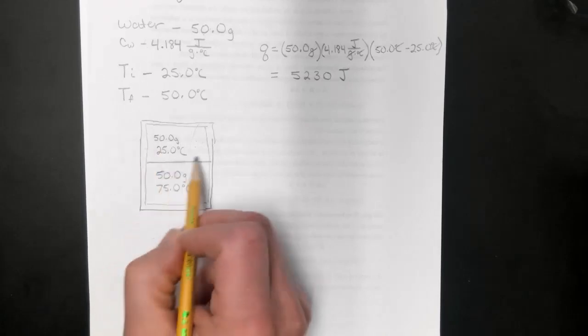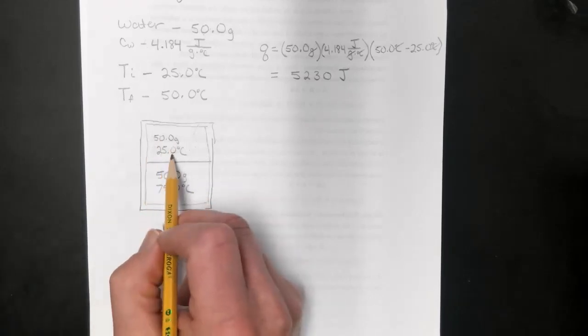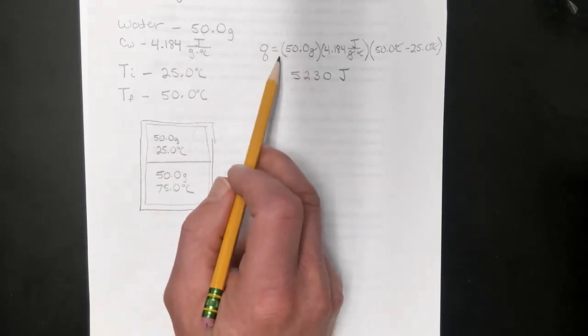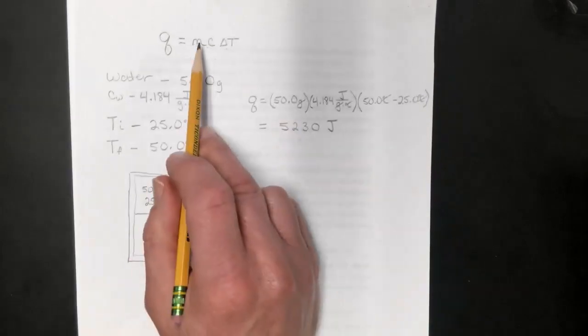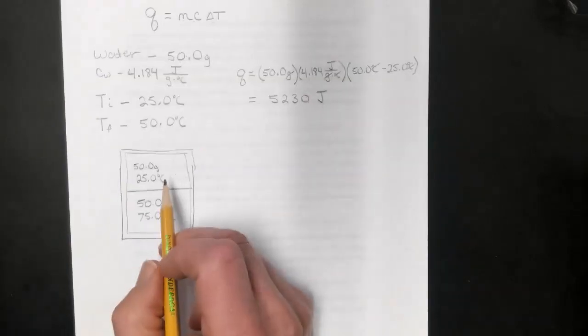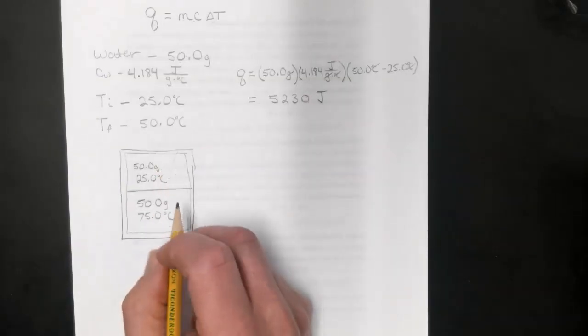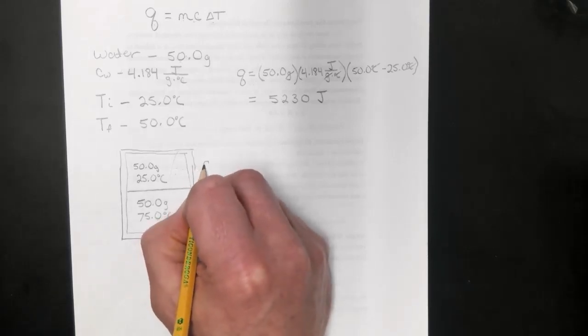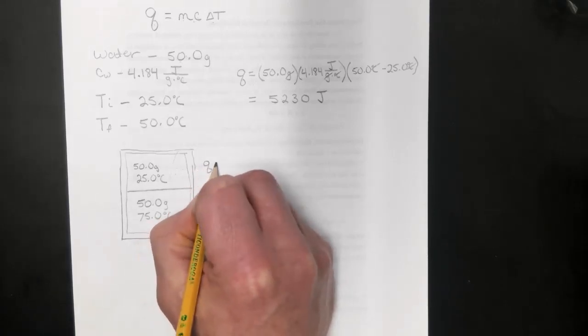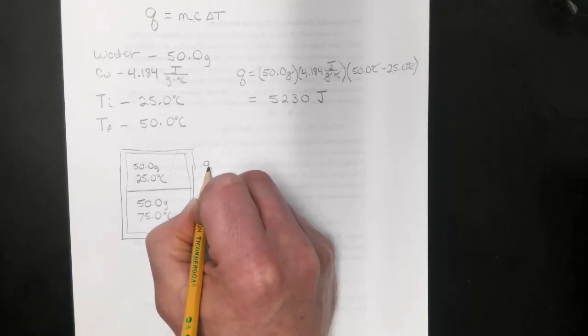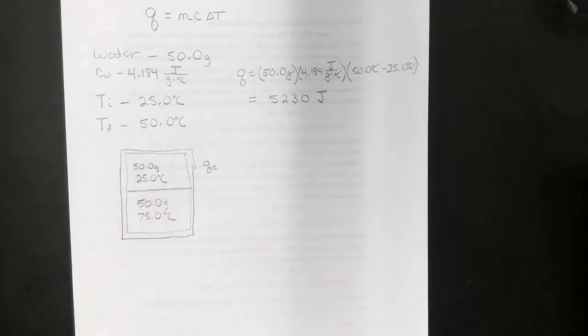So up here, let's describe this process using this equation. How much energy goes into the cold water? We're going to call it Q sub C for the cold water.